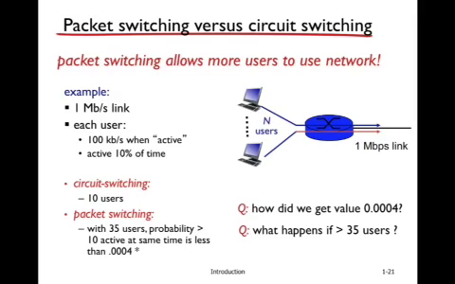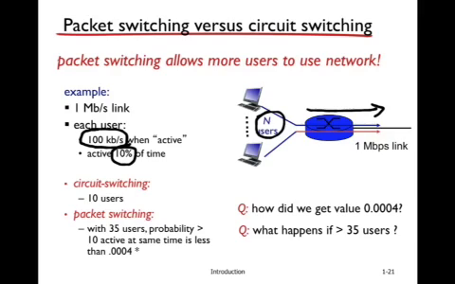So in this diagram, this represents the 1 megabits per second, and there are n users that are going to use this link to communicate to the outside world. And if you assume that each user uses about 100 kilobits per second when they are active, when they are sending data, and only 10% of the time they are active.